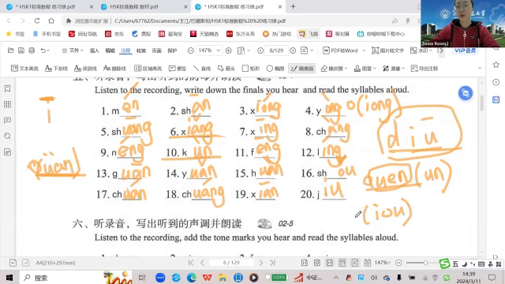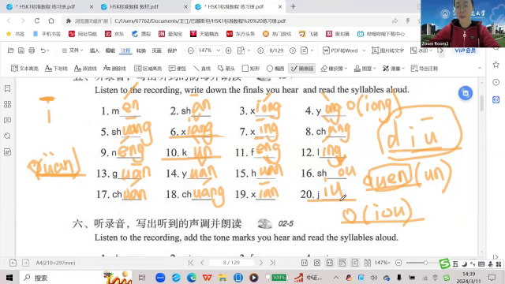And because there is the initial in front of it, we have learned that when there is an initial in front of this final, the alphabet in the middle should be omitted. So that is where the written form comes from. Are you clear? And the tone, which tone is it? Yes, it is the third tone, right?